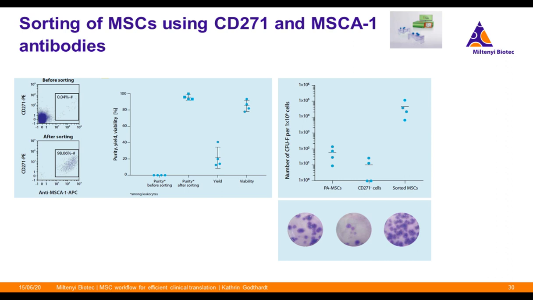Also the viability is quite nice, and if you then put these cells in culture after sorting and compare to the situation before sorting, you can see that there's a high increase in clonogenic potential in the sorted cell population.